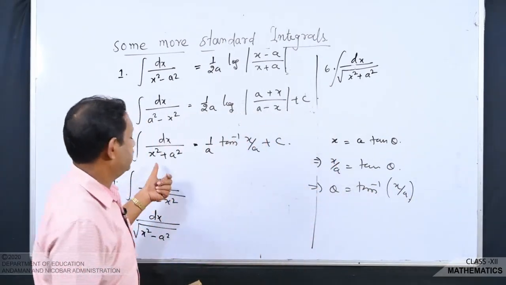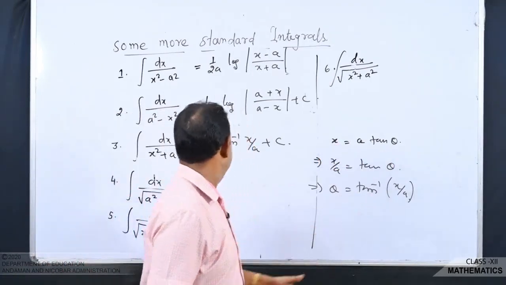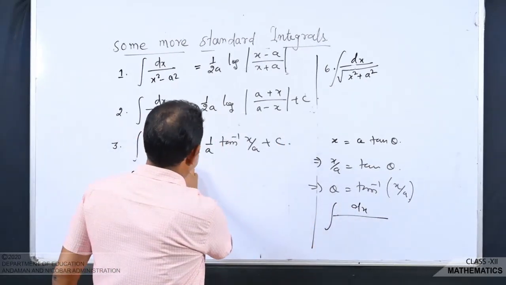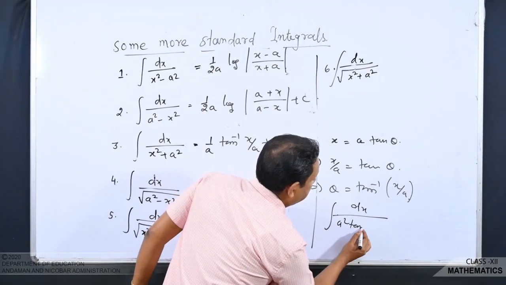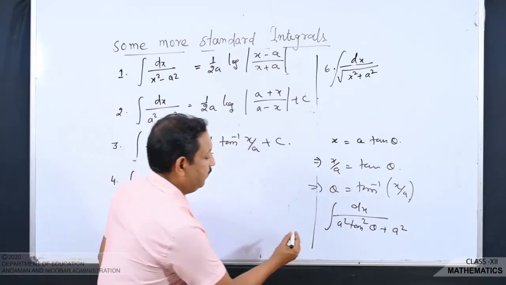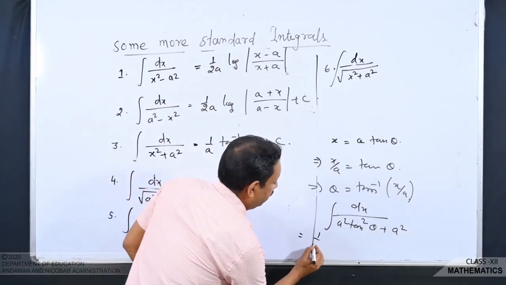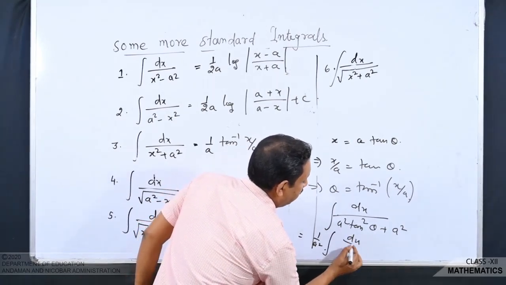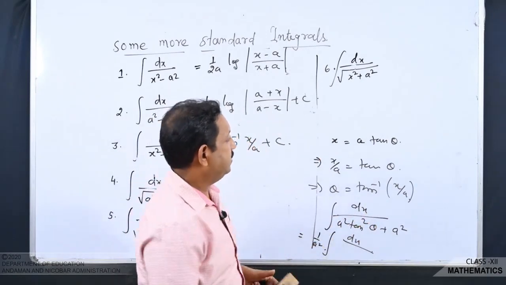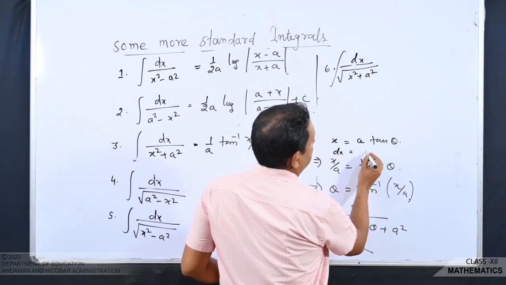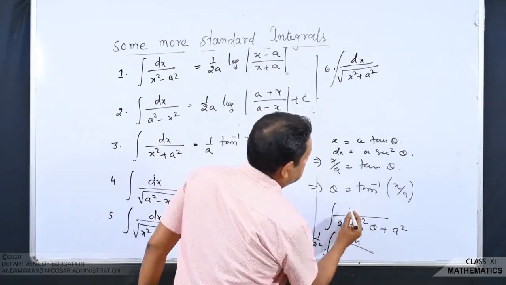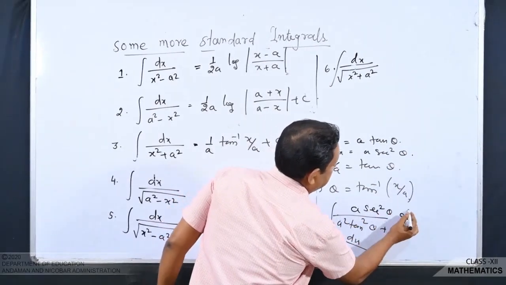Now if I replace using this a tan theta, what happens? Integration dx upon x square plus a square becomes a square tan square theta plus a square. Now take this a square out, that means 1 upon a square, and we have to change this dx also. Dx gives us a sec square theta d theta.